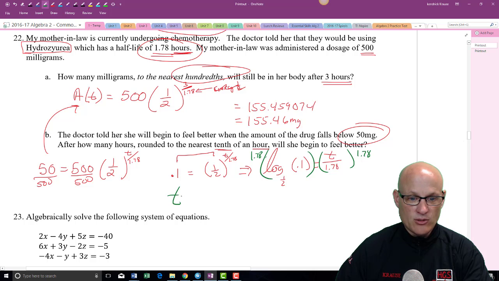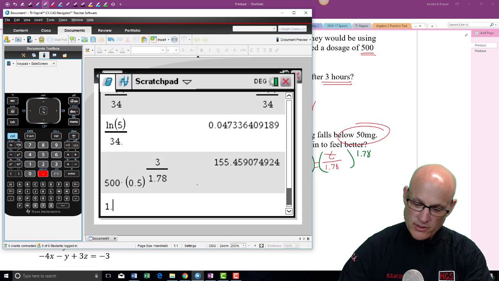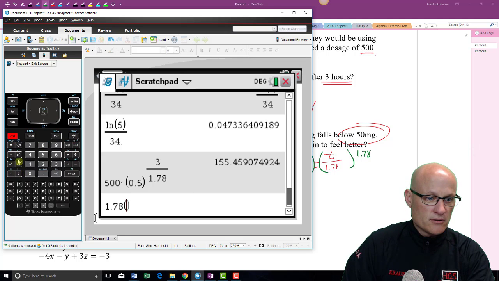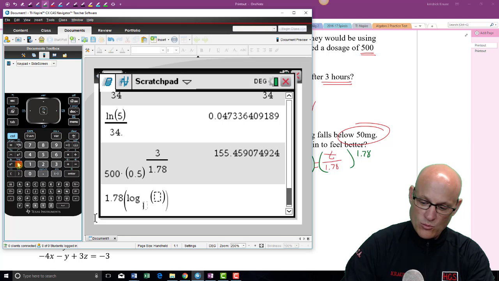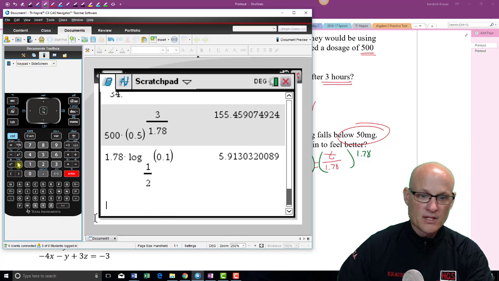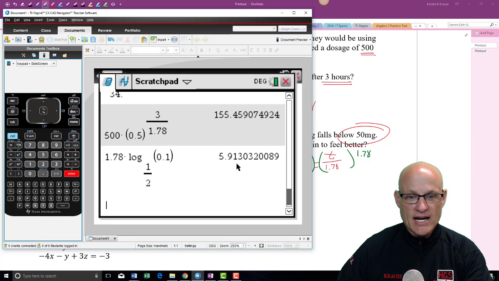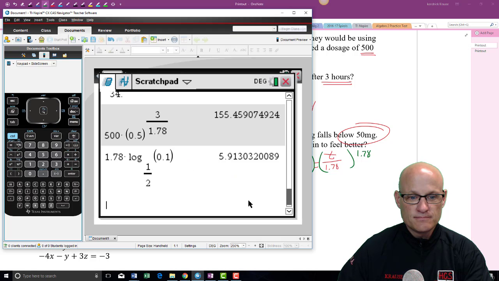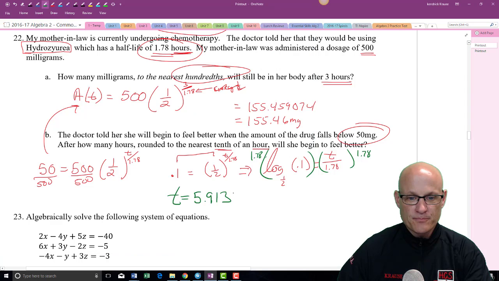So I get t equals 1.78 parentheses log base 1/2 of 0.1. And I get 5.91303. So round to the nearest tenth of an hour. T equals 5.9 hours.